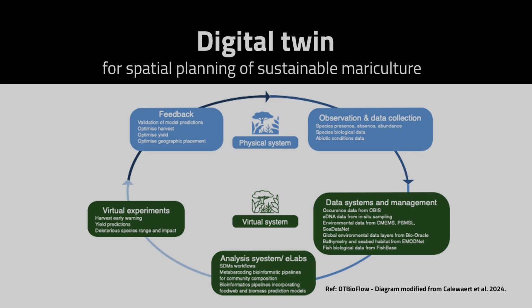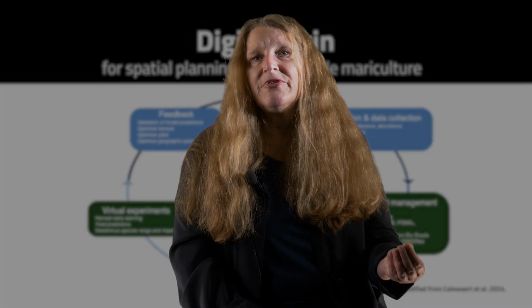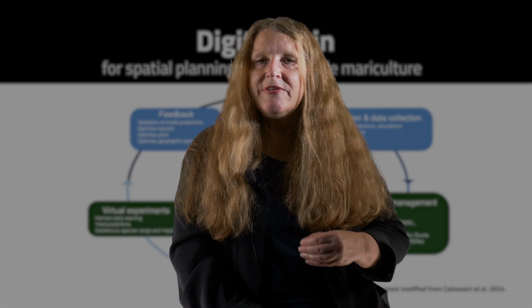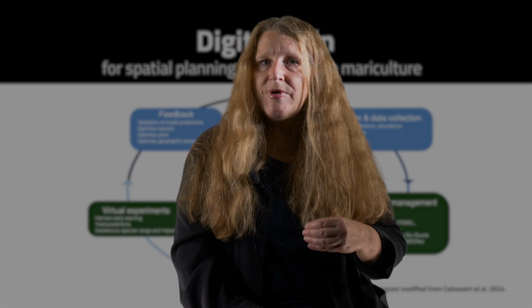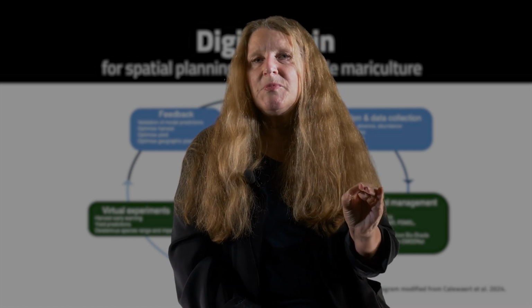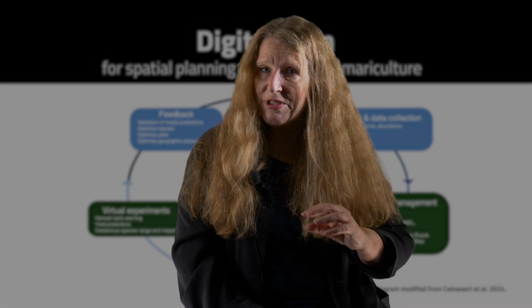You see an example from mariculture. The digital twin is then enabling multiple perspectives that was not before possible. So this is a setup where you also include the environmental conditions around your mariculture. You are not only looking at one of the species, you are looking also at the species around.